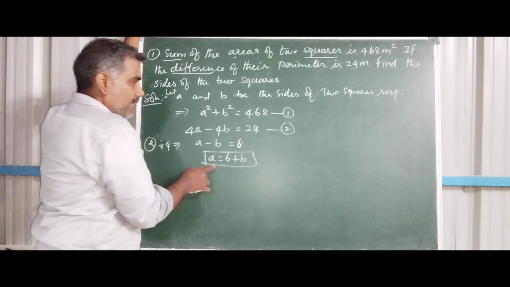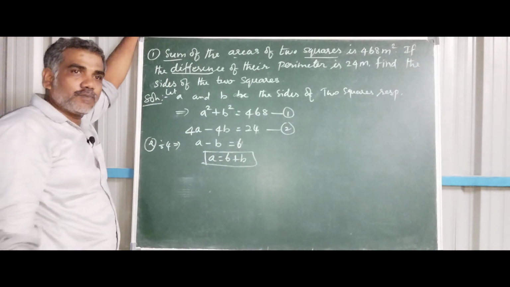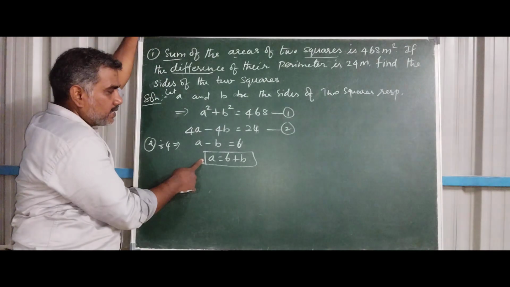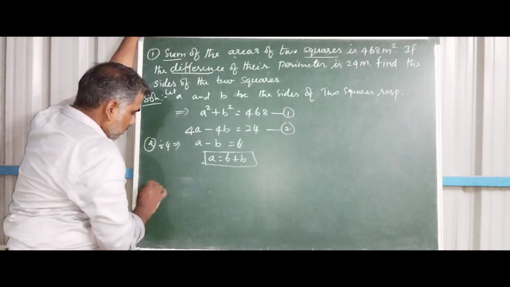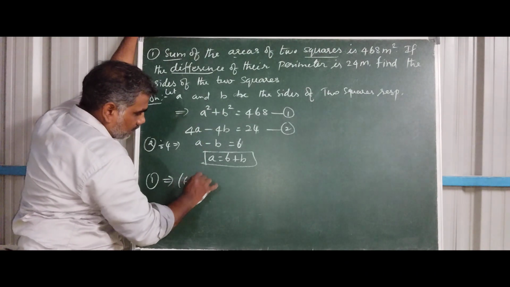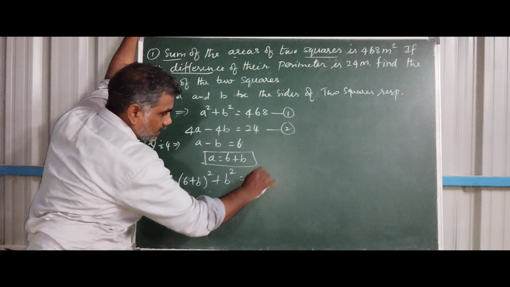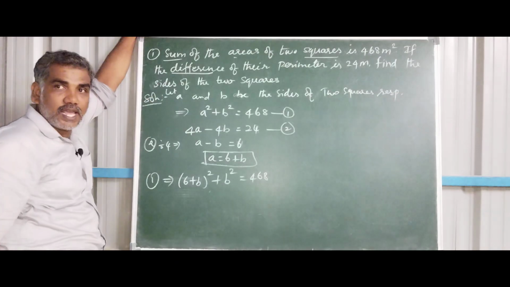Now what can I do? If I take this value of A and substitute it in the first equation, I can simplify it. Understood? Now I am going to substitute this A value in the first equation. So from the first equation you can see the changes, that is 6 plus B the whole square plus B square is equal to 468.